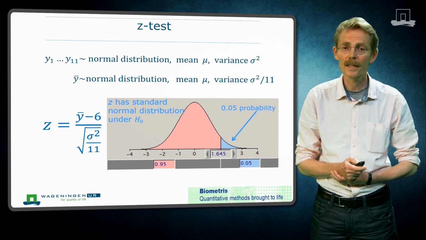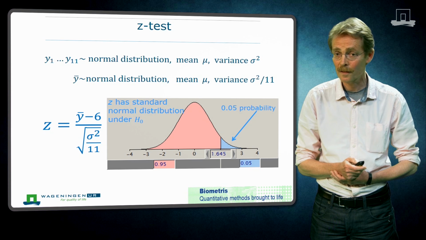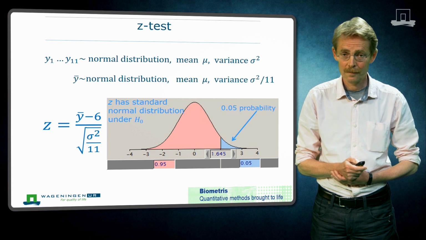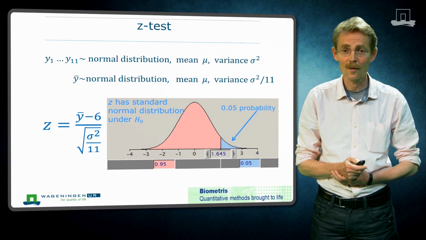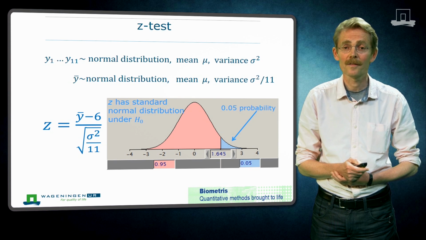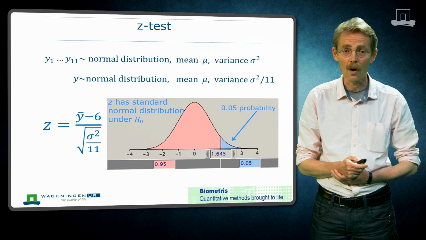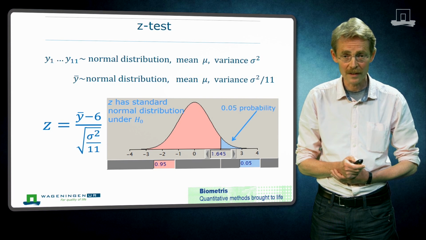Well, in the early 1900s, this is going to be some history, they did it with a z-test. You can see the test statistic on the slide. And when indeed mu is equal to 6, z will follow a standard normal distribution. So if you look at the standard normal distribution in the gray box, we can look up the number with 5% to the right.